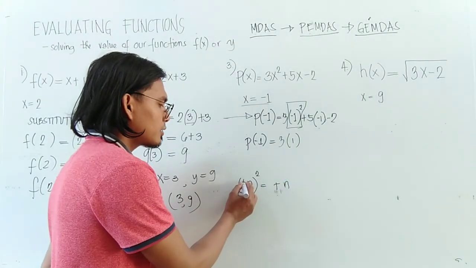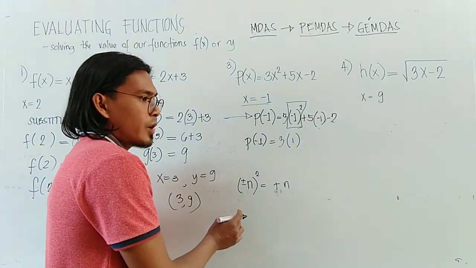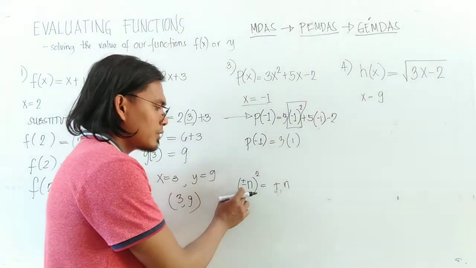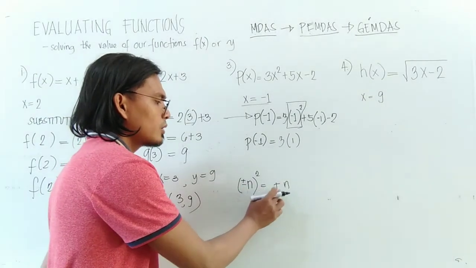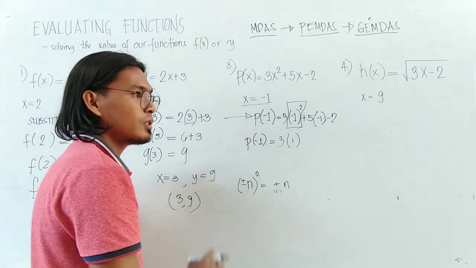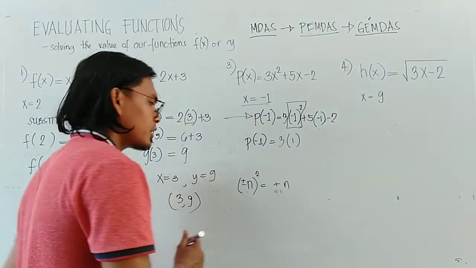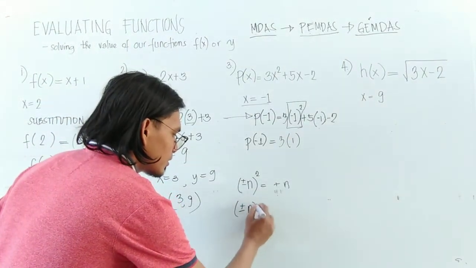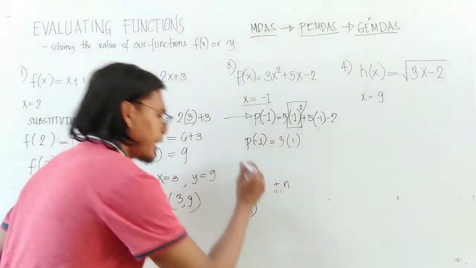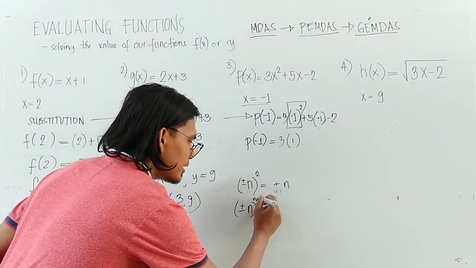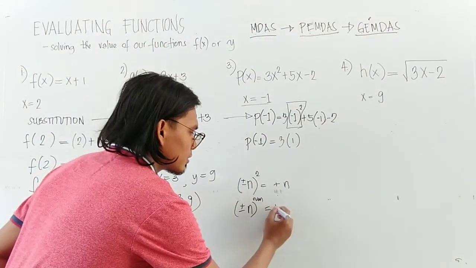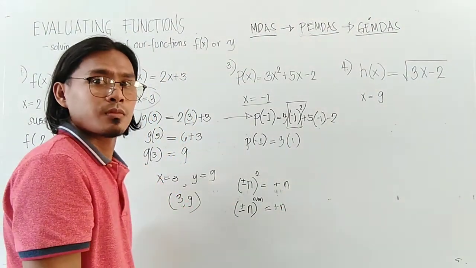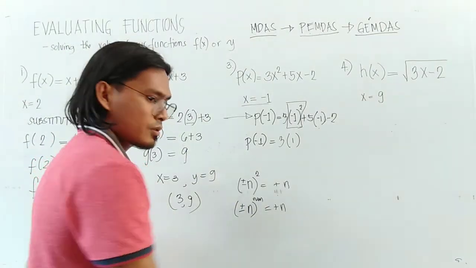Or to be general, squaring either a positive or negative number will result in a positive number. Or to be more general, when the number is raised to an even exponent, the resulting value is positive. So I guess you understand.